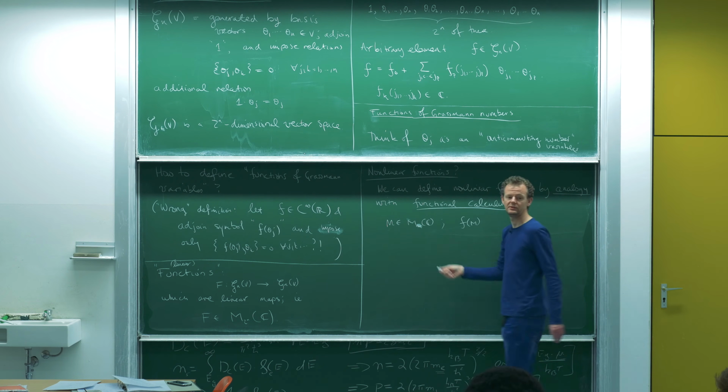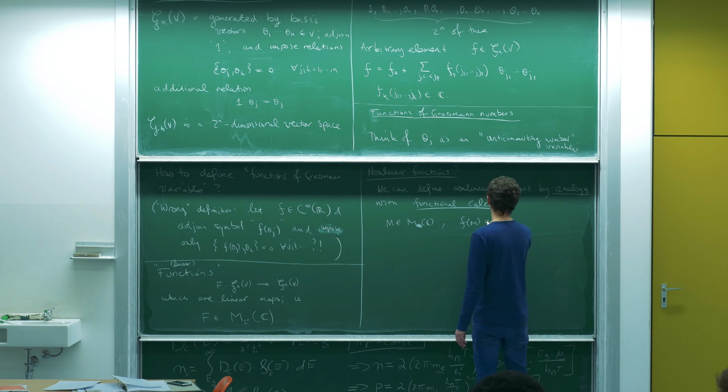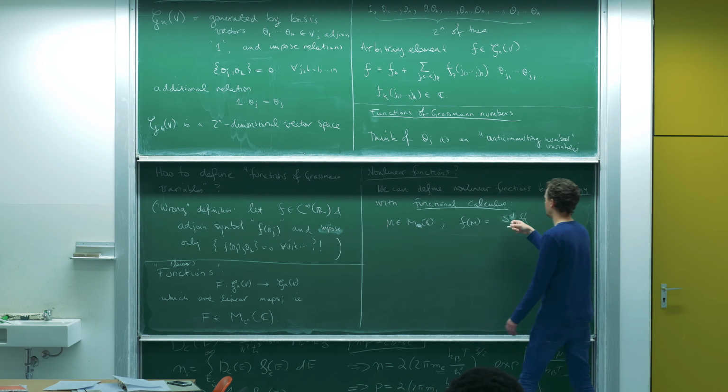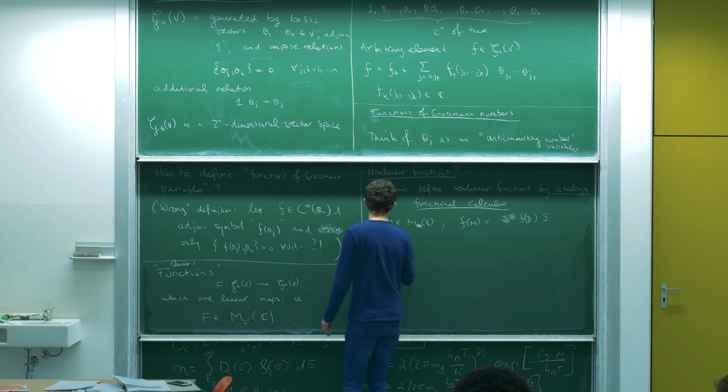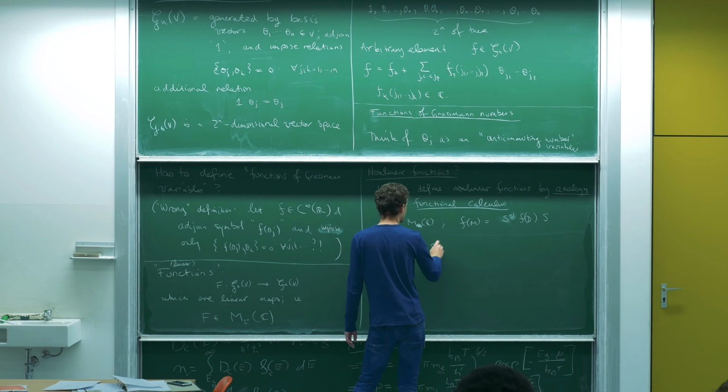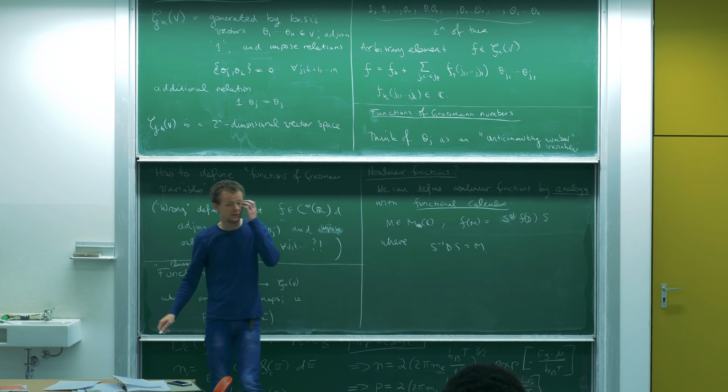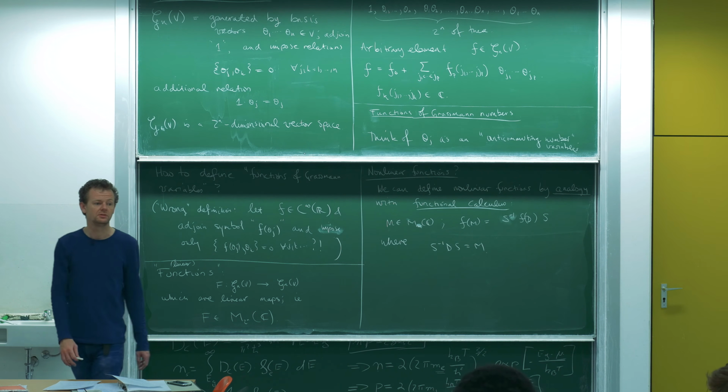So as long as M is diagonable, then f of M is just the function of the eigenvalues rotated by the matrix which diagonalizes M. That's how we define functions for matrices.